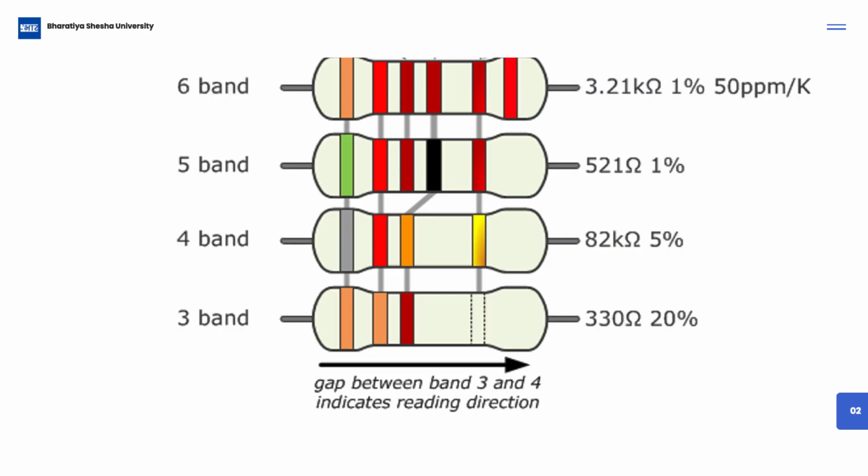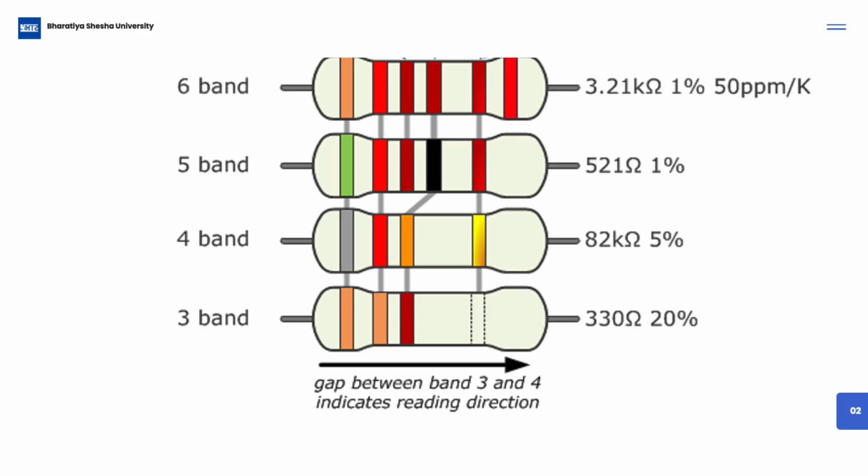Let's take an example over here. There are 4 resistors, and each resistor has a certain number of bands. We have resistors with 6 bands, 5 bands, 4 bands and 3 bands. The resistors are read from left to right, and the first band is the first digit of the number.